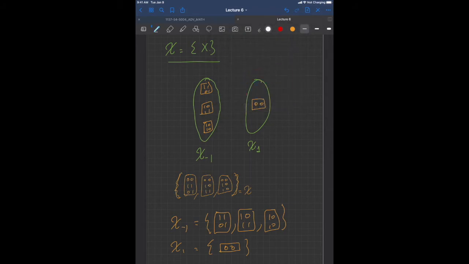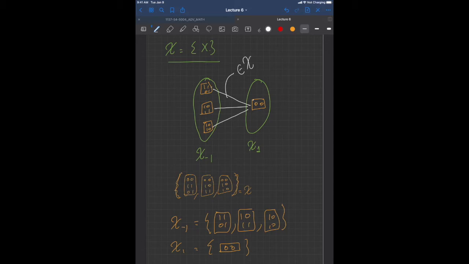There's an edge between two things if the completed matrix works: here is a partial matrix where the first row is missing, and here is a partial matrix which is only the first row. If you put them together, you put 0 0 on the top and 1 1 0 0 at the beginning, and if that matrix is in the set X, then we put an edge between them.